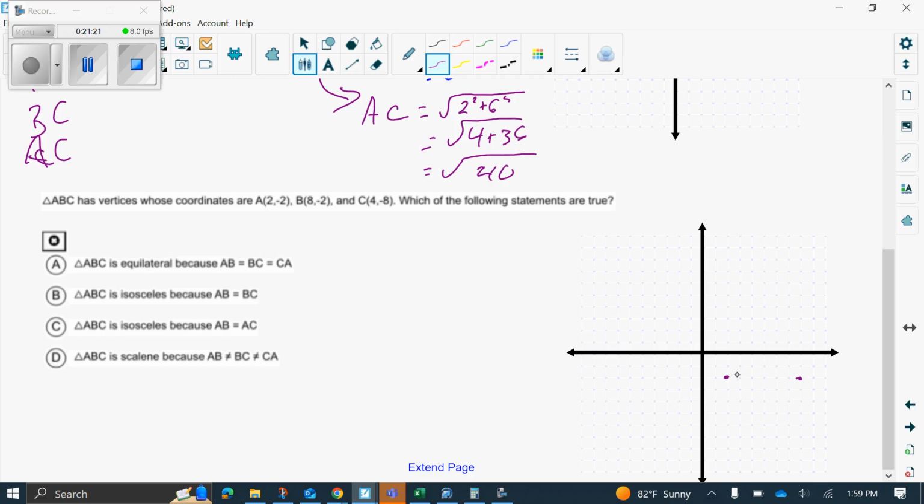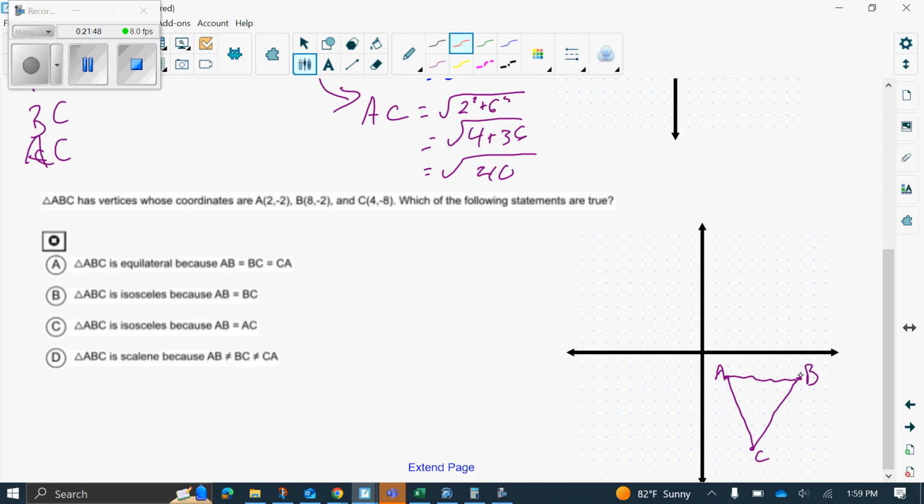And 4, -8. And just like before, we make our right triangles.